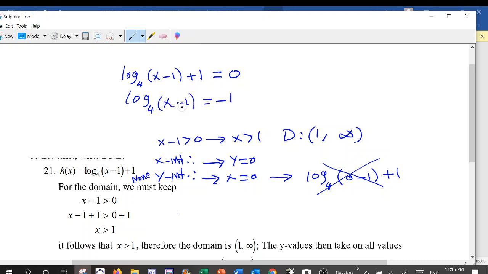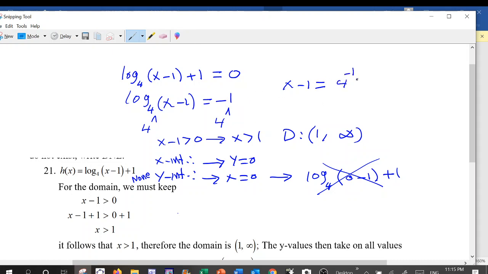We isolate it, right? Now remember how we get rid of logarithm? We do base to the left side and base to the right side, right? So on the left, what do we get? Well, remember these get canceled, so we just get x minus 1 equals 4 to -1.